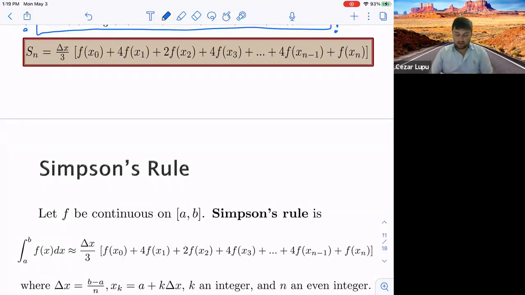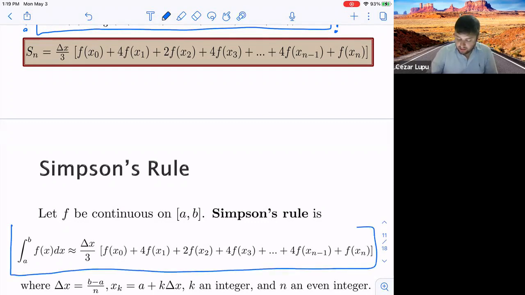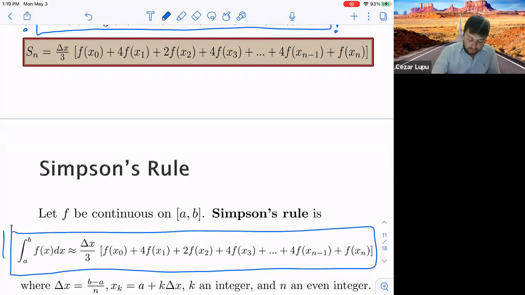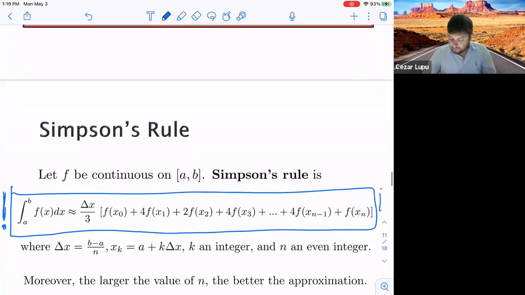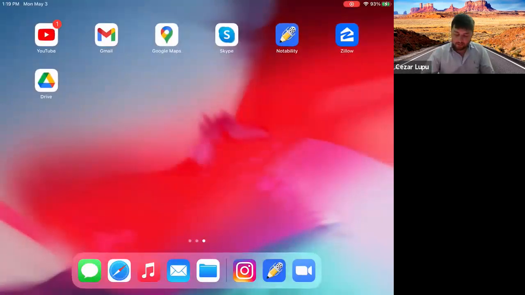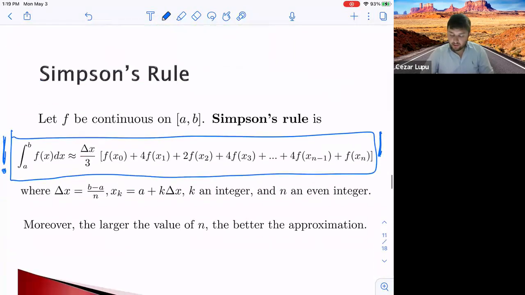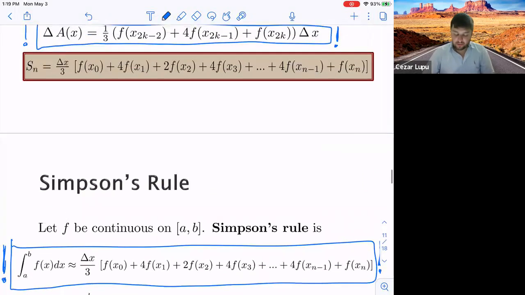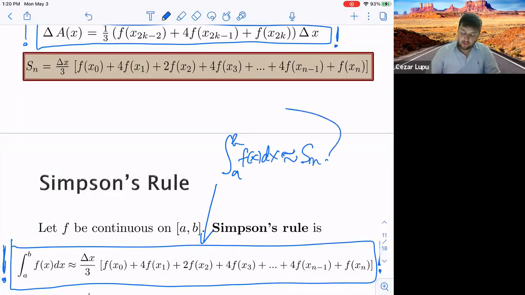So basically this rule says nothing else than the fact that this integral is approximated by Sn, which you'll find here.